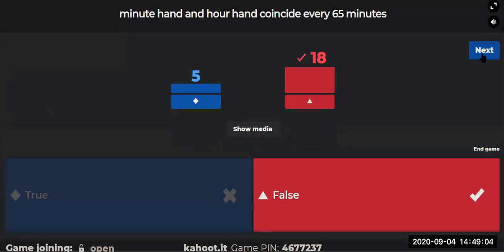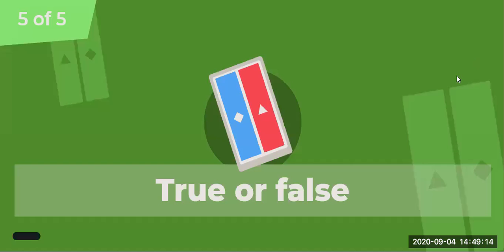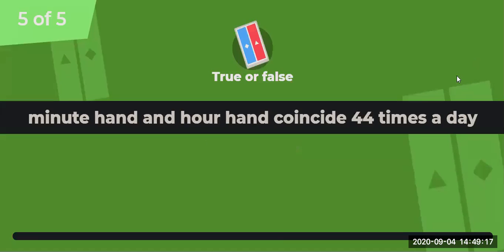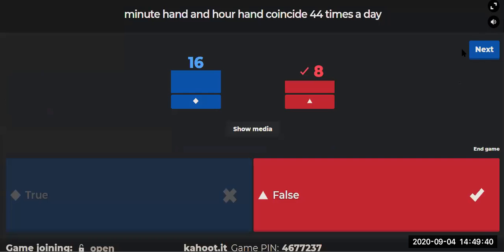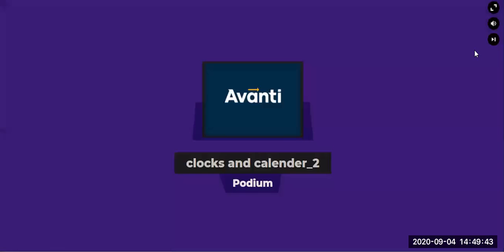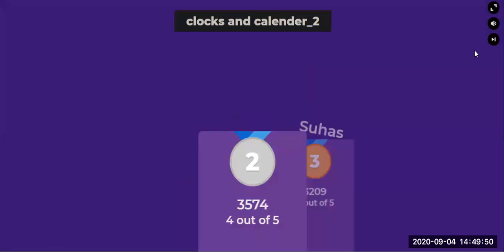Calculate, just take the LCM of both. Let's see the podium. Please try to see the answers. Try to solve it again and then get the answers. I'm not telling you the answers now. Try to solve it by yourself.